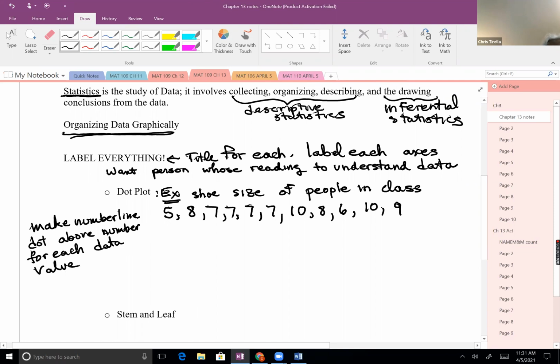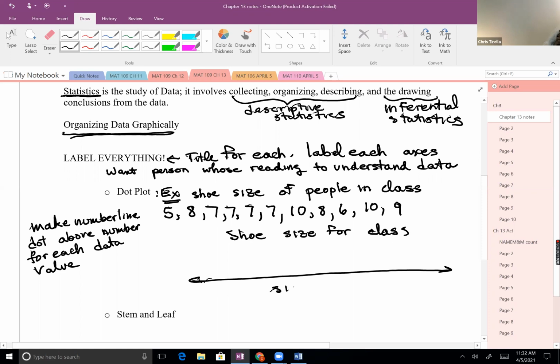So I might give this the heading of shoe sizes for class. Number lines should always be evenly spaced. This number line will be the sizes. And so we'll go from 5 to 8. I'm sorry, 5 to 10. I made my number line a little bit too long, so I'm going to cheat and erase the extra.